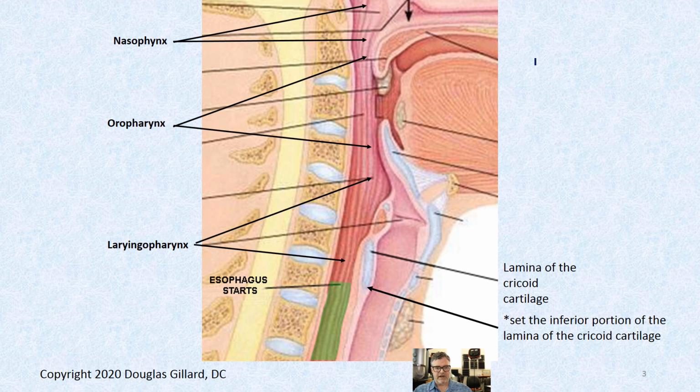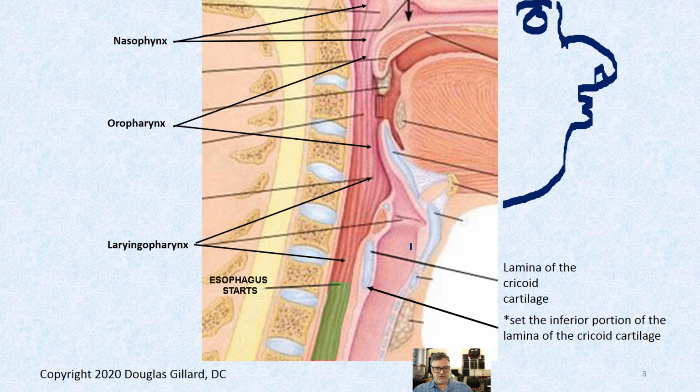And let's just review our anatomy. Here the nose would be right there, there's the lips, the chin like that. You guys know how my drawings are, not the greatest, just to give you an idea of where we are. So the esophagus should start at the level of C6. So here's 2, 3, 4, 5, and 6.